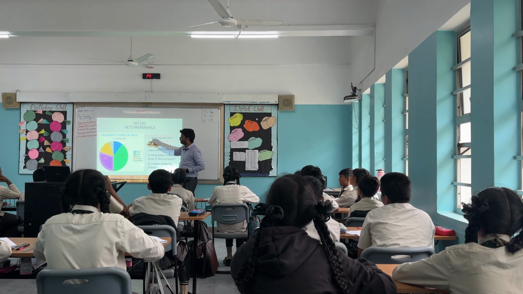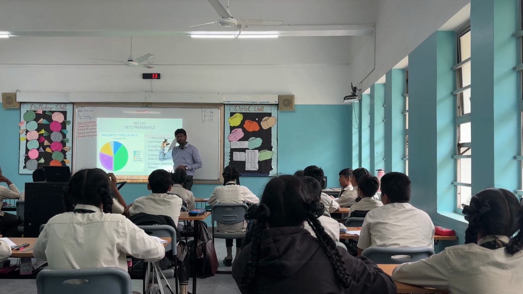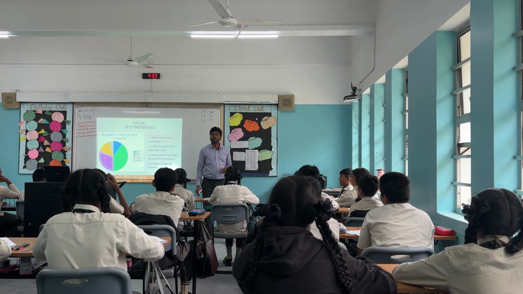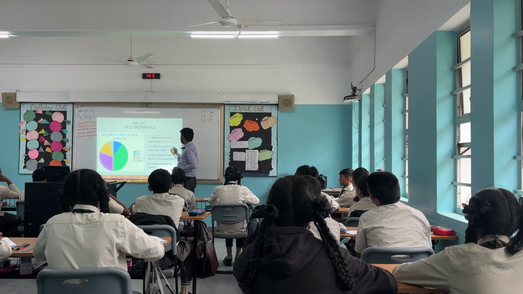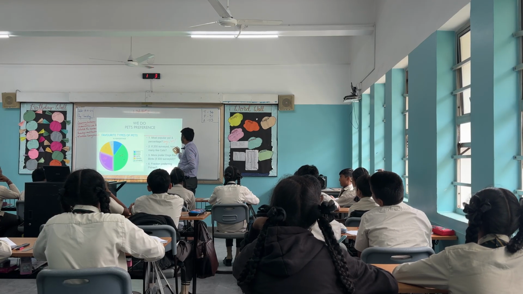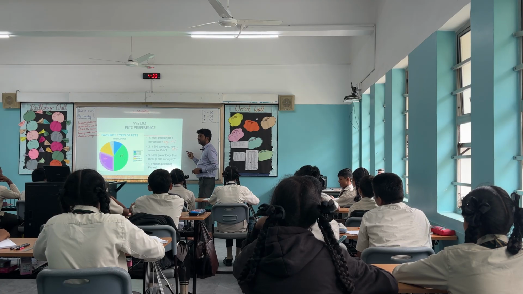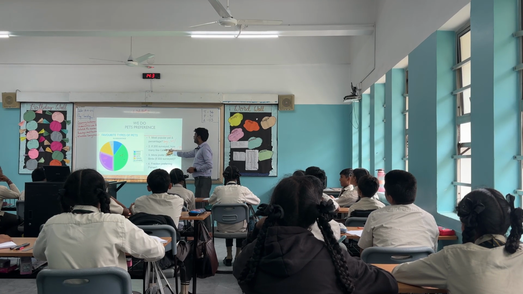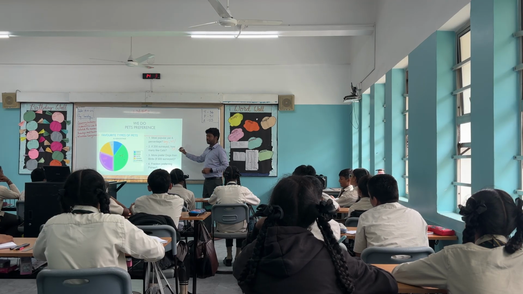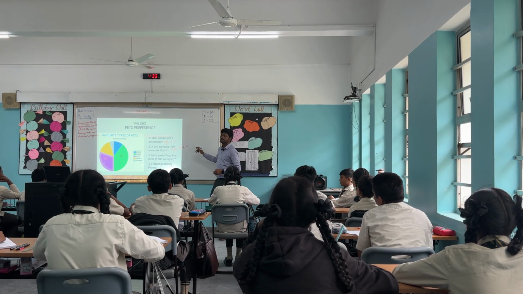Whatever information is given is in terms of percentage, and we have to convert that percentage to a number. 30 percent of people like cats, out of how many people surveyed? 200 people.